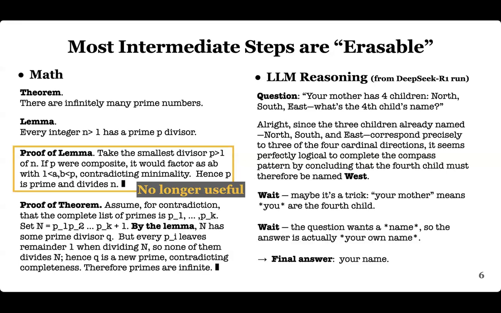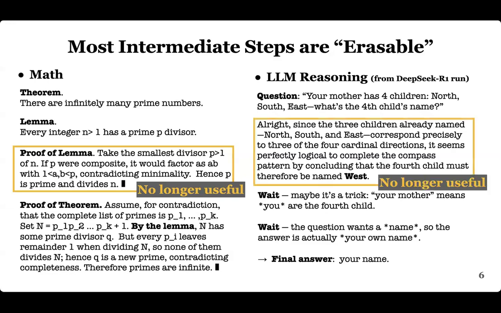But then it realized this might not be correct, because it might be a trick: your mother means you are the first child. So the correct answer is your name. When it explores different strategies, the previous reasoning process is actually no longer useful for the following reasoning process. So this intermediate step is also erasable.